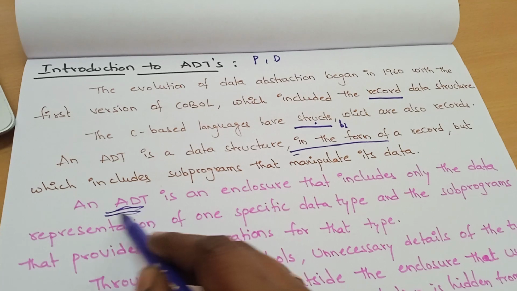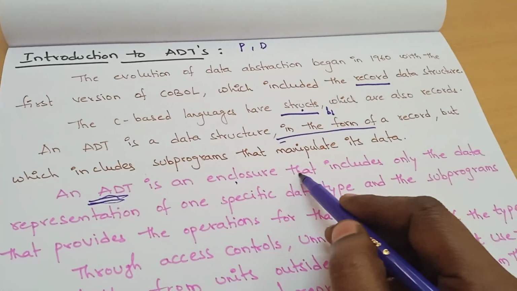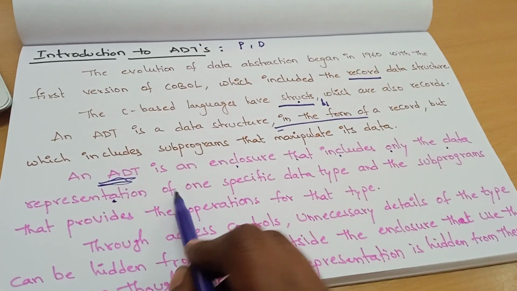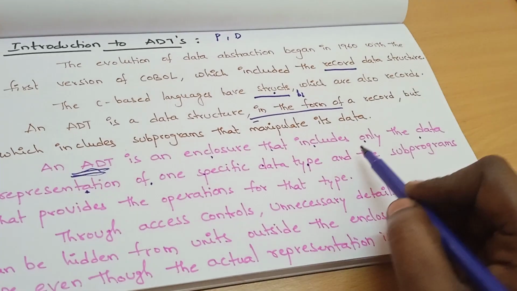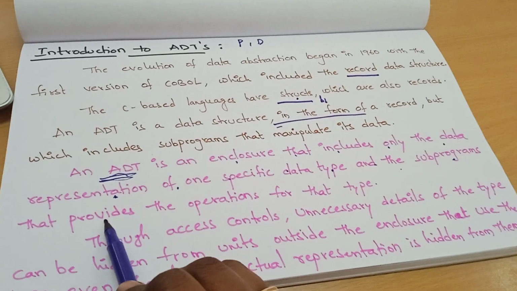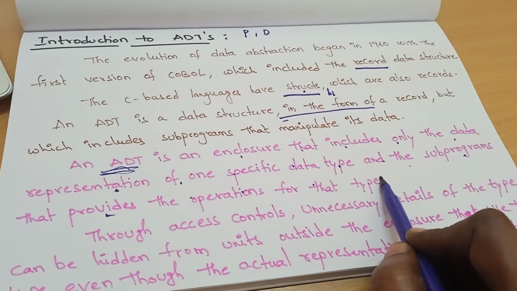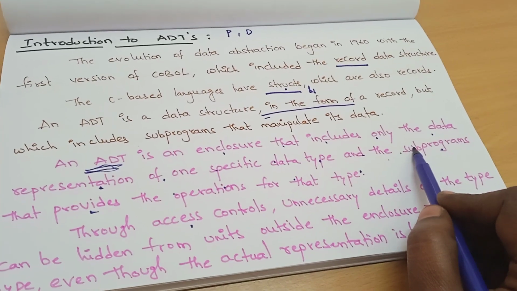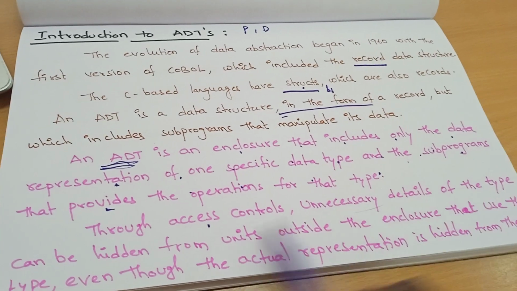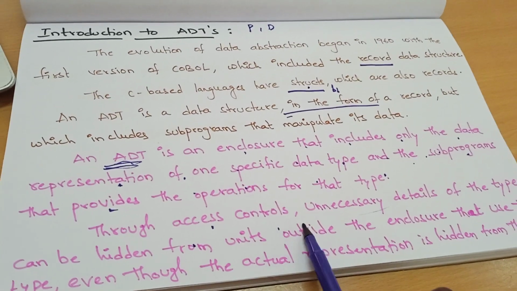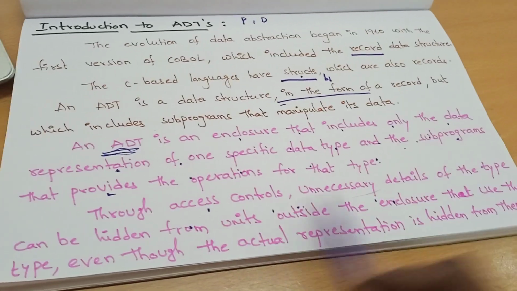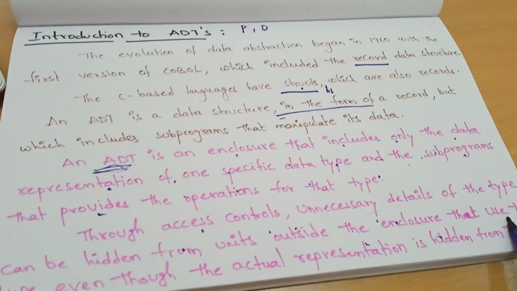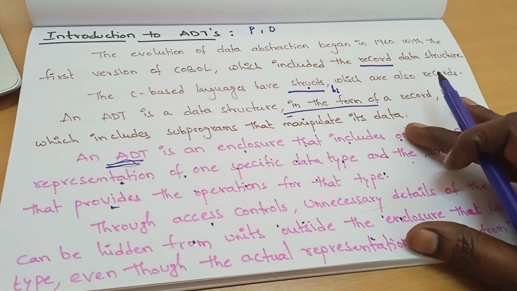An ADT, abstract data type, is an enclosure that includes only the data representation of one specific data type and the subprograms that provide the operations for that type. Through access controls, unnecessary details of the type can be hidden from units outside the enclosure that use the type, even though the actual representation is hidden from them. This is the syntactical ADT definition.